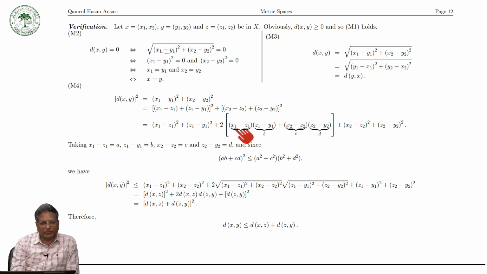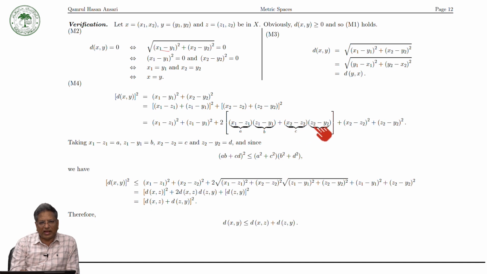Now let us assume that x1 minus z1 is A, and z1 minus y1 is B, x2 minus z2 is C, and z2 minus y2 is D. Then we use the fact that if A, B, C, D are any real numbers, then (AB plus CD) whole square is less than or equal to (A square plus C square) into (B square plus D square).